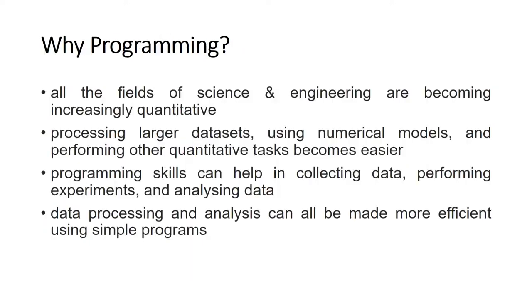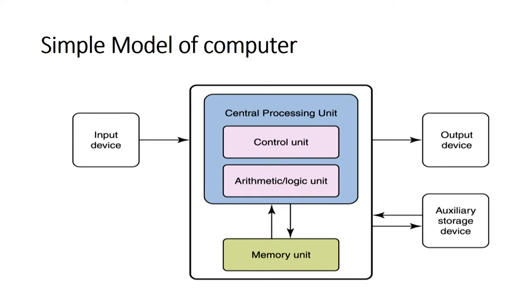Now if we talk about the computer, what can a computer do? A computer cannot think like humans. But it can do calculations very fast, plus it has a huge memory available. Suppose if you are doing some calculations, you need to keep the results in memory.